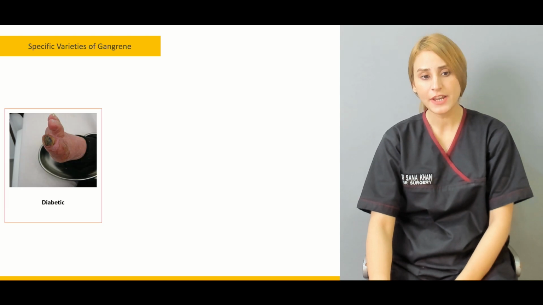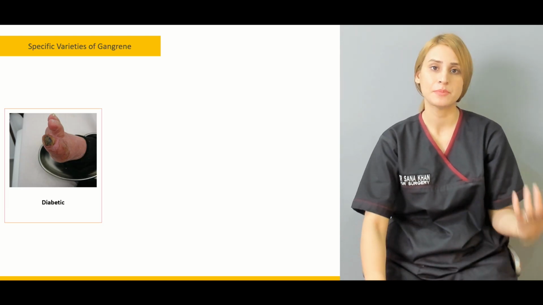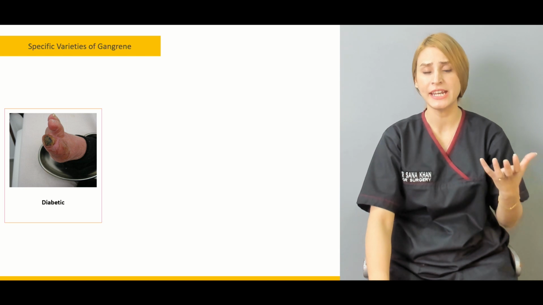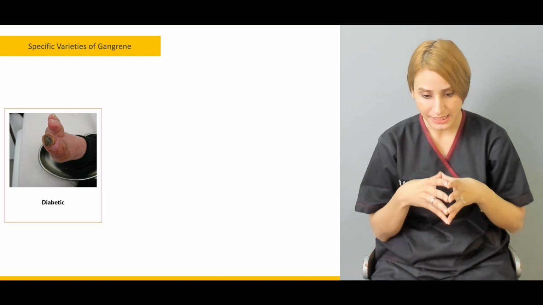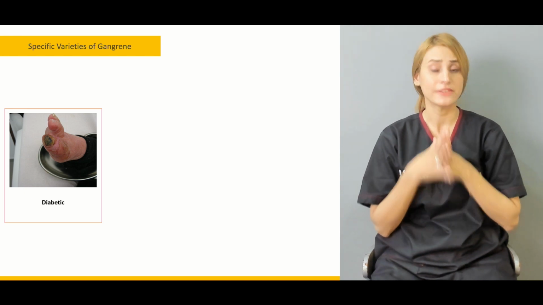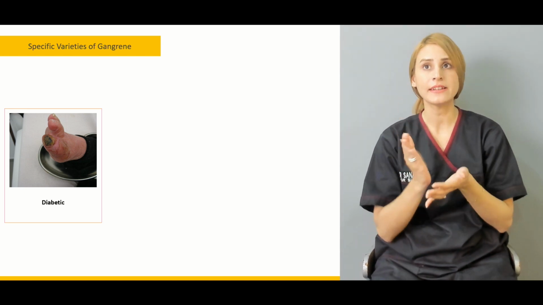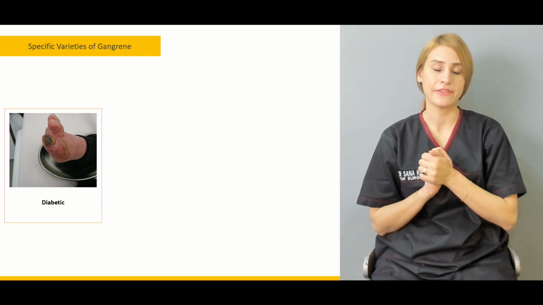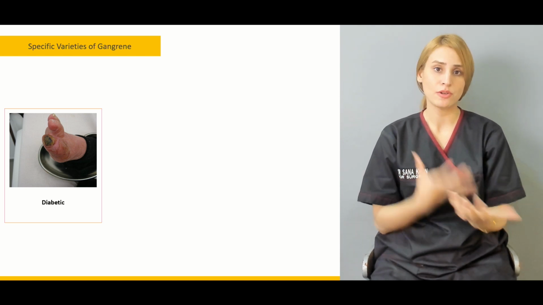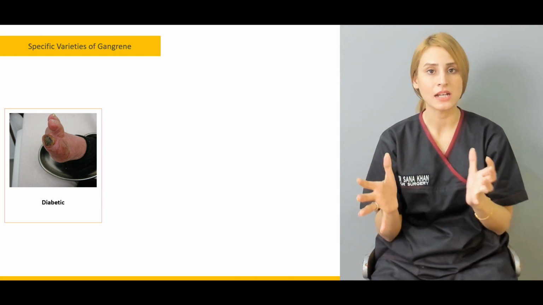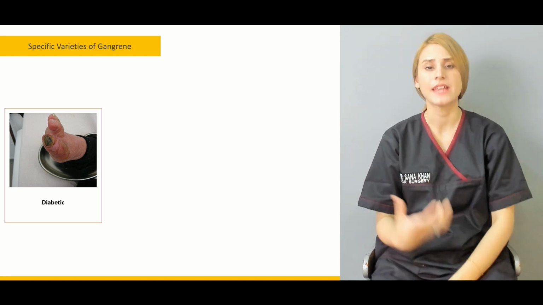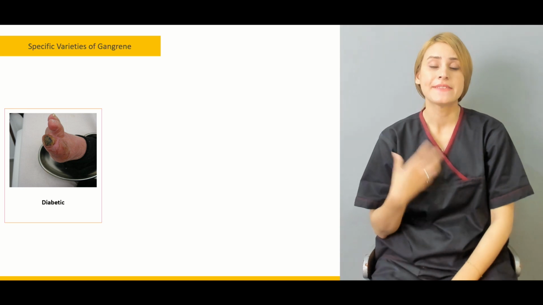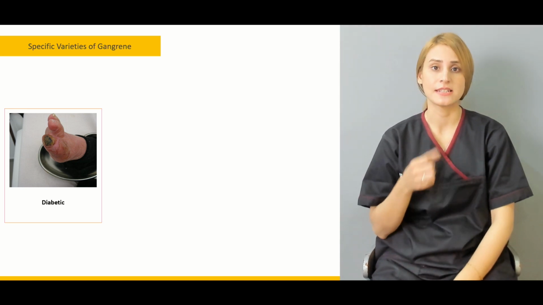So there are specific types of gangrene. I told you that in most cases, about 80%, the gangrene develops because of thrombi in the background of atherosclerotic plaque. So if there's already an atheroma, and because of platelet aggregation to that atheroma, ultimately that atheroma is converted into a thrombus.